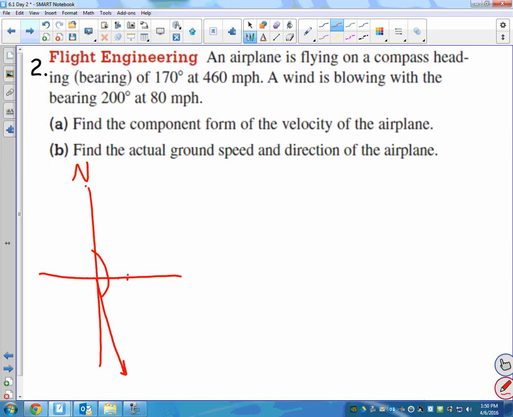So if from here to here is 170, how could I figure out what from here to here is? How'd you get that? Okay. So you said there's 10 left over, so then this is 90 minus 10 means this would really be negative 80 degrees.